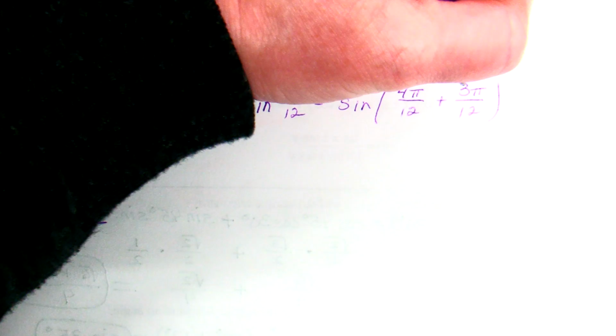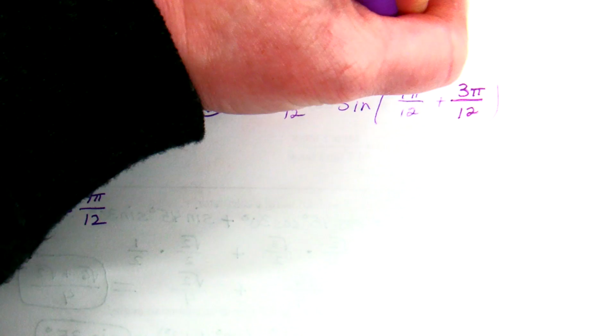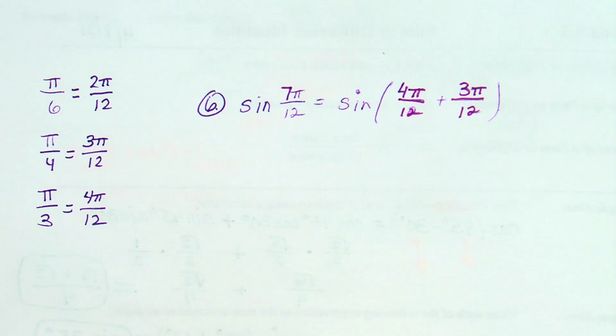Sorry, that pen was not cooperating, so I'm changing pens here. So now, how does your sine identity read? In other words, what are x and y? 4 pi over 12 and 3 pi over 12. Now, it might be helpful at this point to think, what is 4 pi over 12?